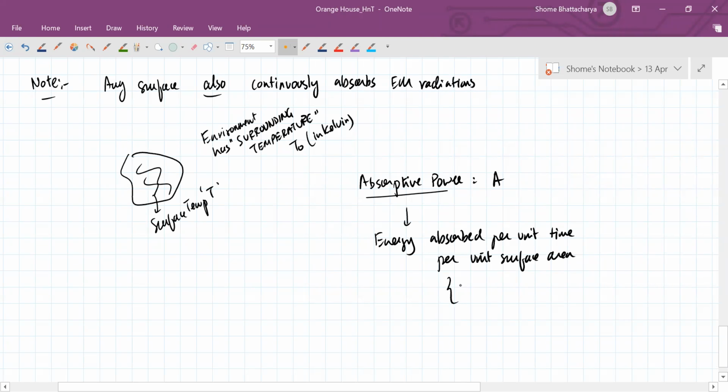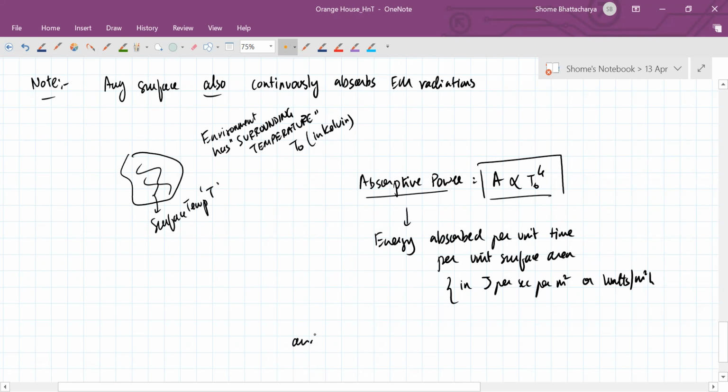So it is again in joules per second per meter square or watts per meter square. This absorptive power is proportional to the temperature of the surrounding to the power 4. And the constant of proportionality is something called absorptivity, just like emissivity, into the same universal Stefan constant, into T naught to the power 4.